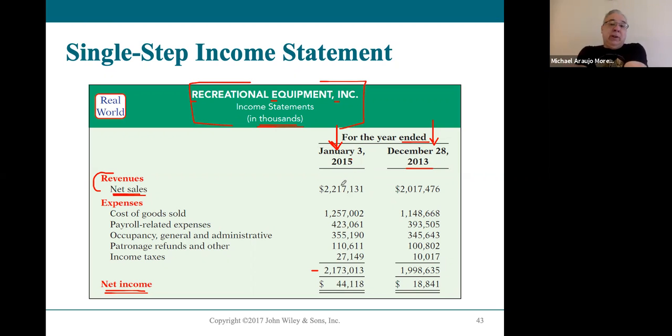And for a retailer, that's really, really good. Anything double digits is really, really good for retail. Notice all the expenses that are listed. And as I mentioned to you earlier, the cost of goods, the actual inventory that they buy and then sell, is their largest expense.